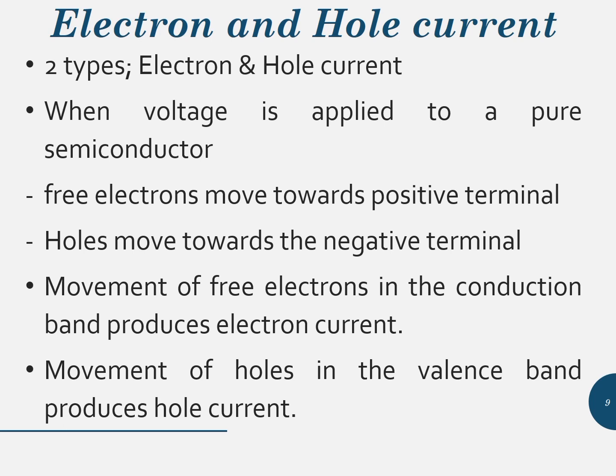It is called hole current, in which the hole has moved from one place to another in the crystal structure. Although current in the valence band is produced by valence electrons, it is called hole current to distinguish it from electron current in the conduction band.